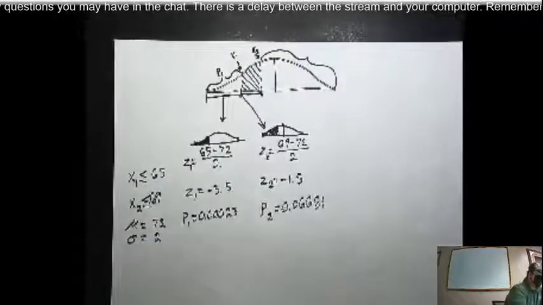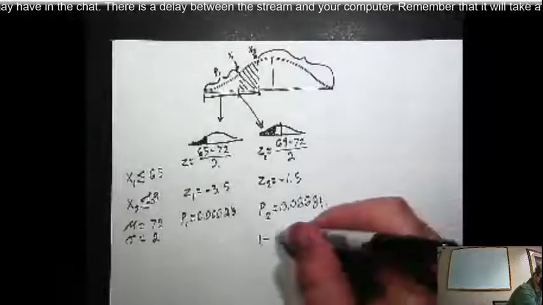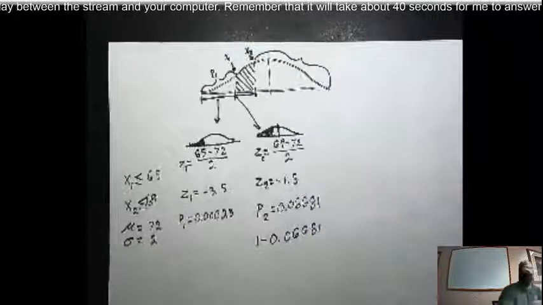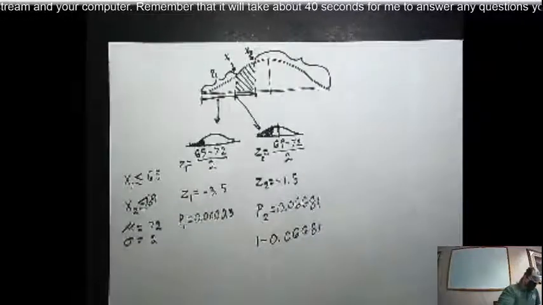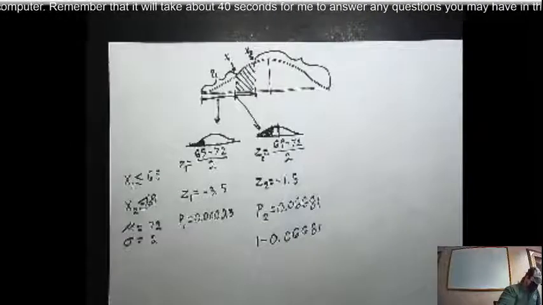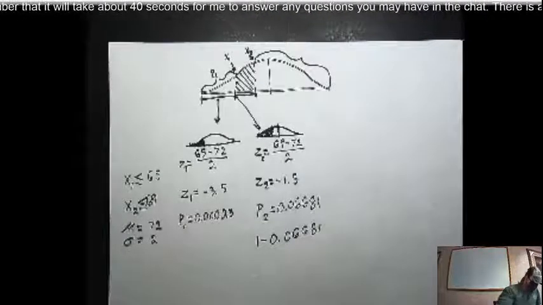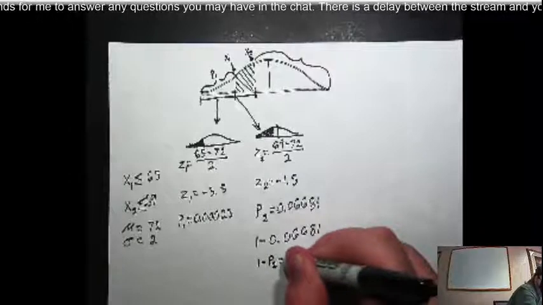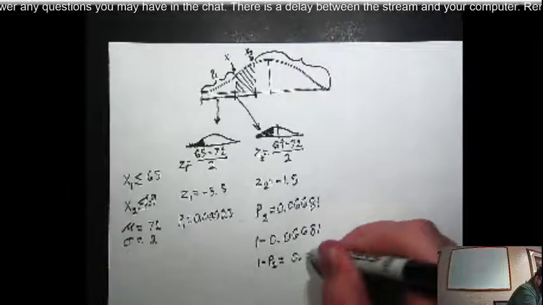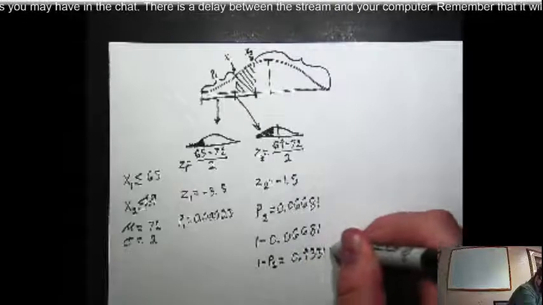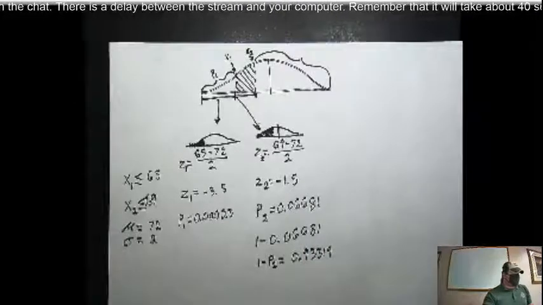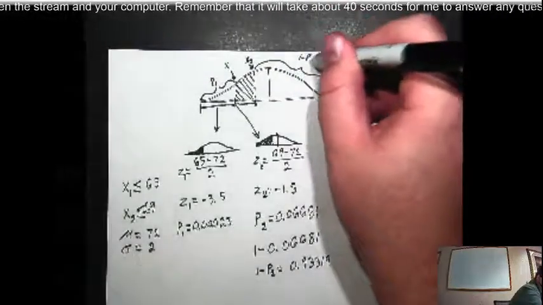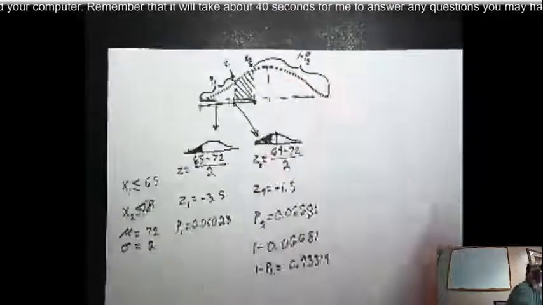So 1 minus 0.06681 is 0.93319. So this part over here, 1 minus P2, will give us this.